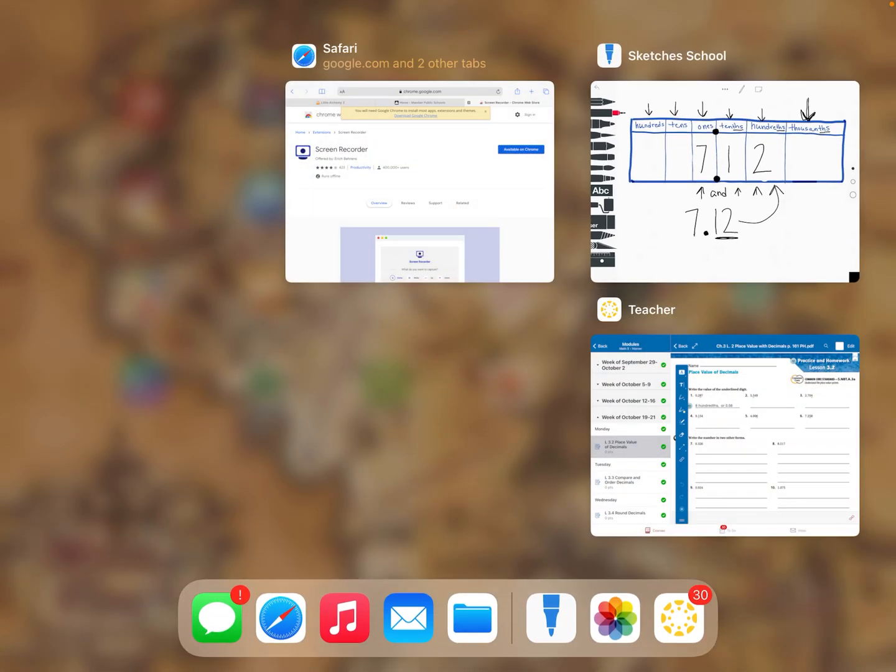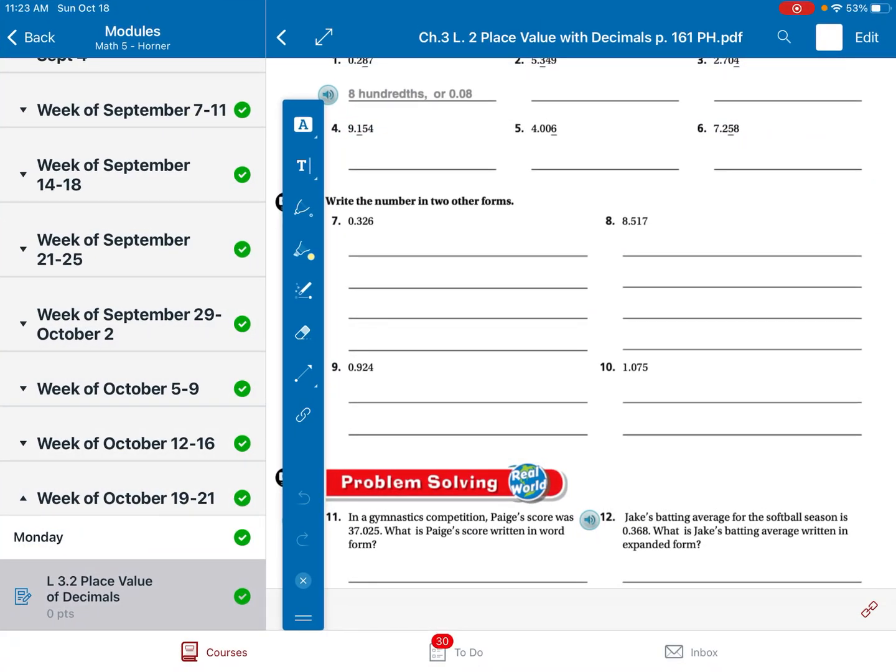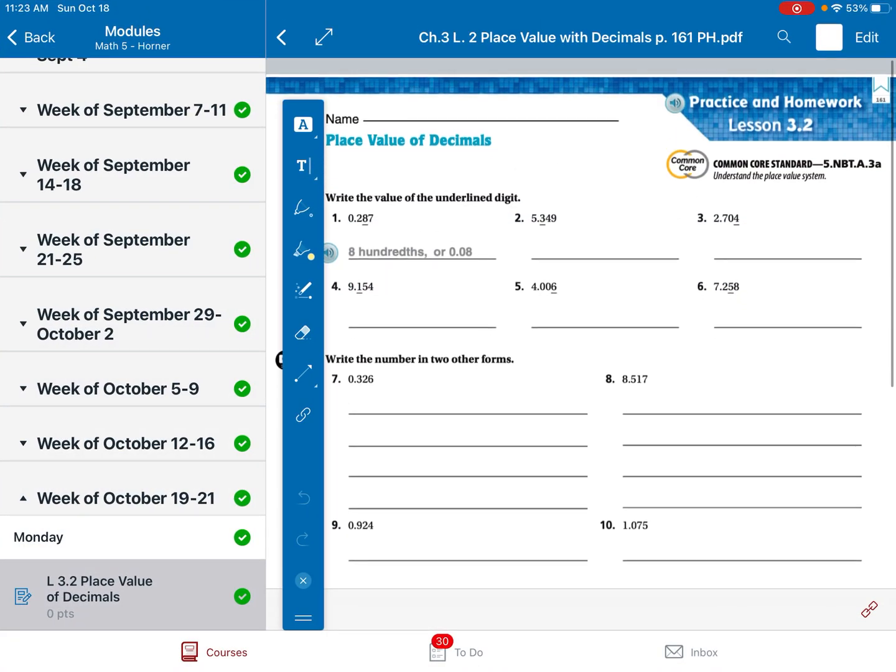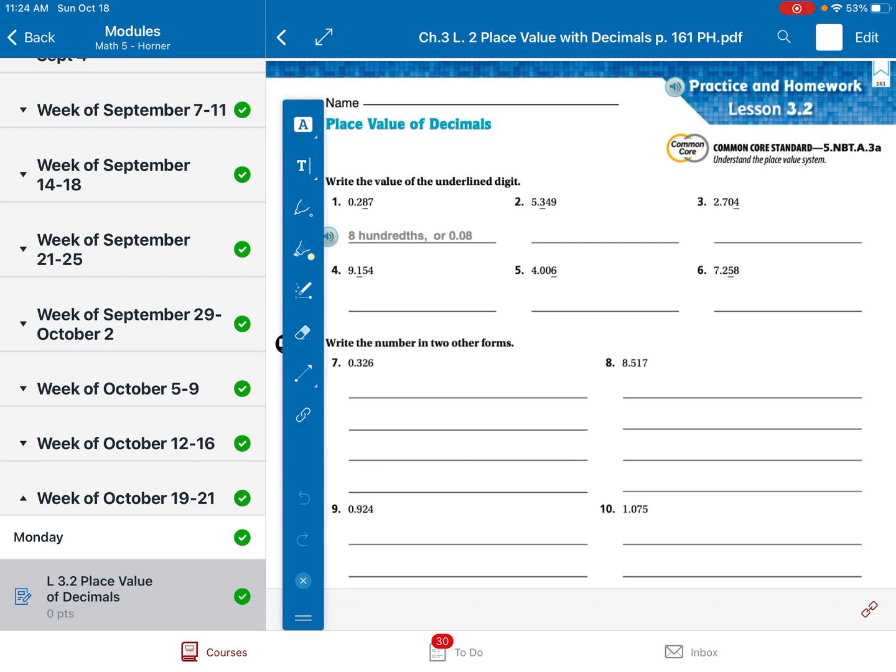Okay, let me go to the math paper for Monday. So we're talking about place value of decimals. Number 1, they've already done for us. Number 1, they have 0 and 287 thousandths, but they have the 8 underlined, so they want us to find the value of the underlined digit.